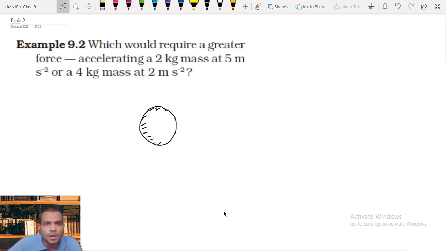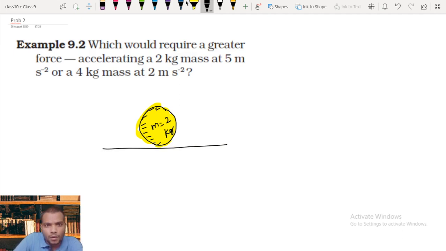So its mass, I can write here, mass m equals 2 kg. So this is the 2 kg mass, and on it we apply force. Let me take this as a person.